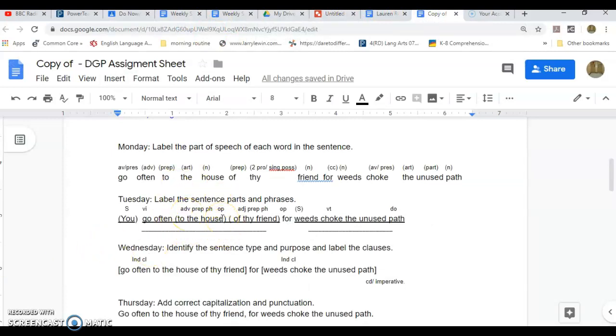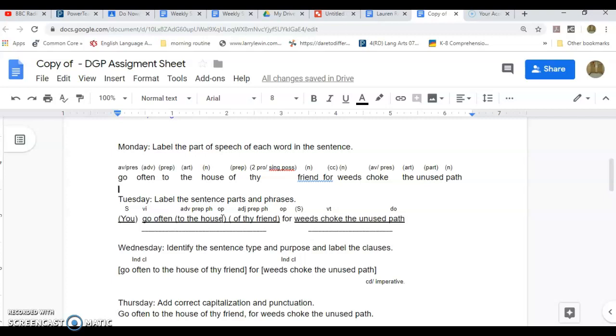What about your second prepositional phrase, of thy friend? Well, of thy friend. Is it telling us how? No. When? No. Where? No. To what extent? No. But is it telling us which one? Yes, it's saying of your friend. So which one? Whose friend? Your friend.